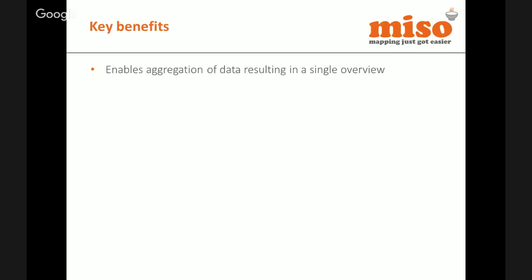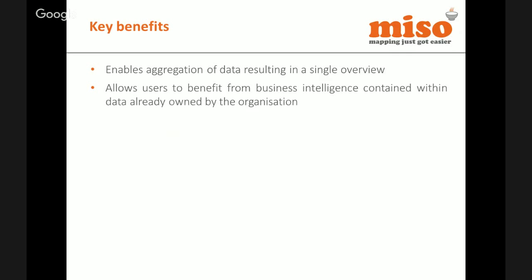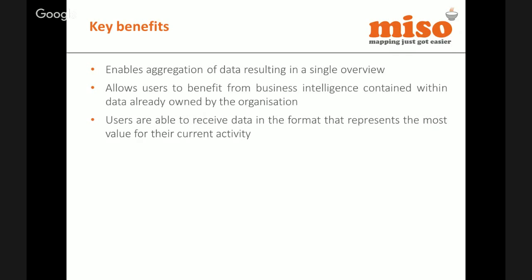The key benefits: enables aggregation of data. So again, as I said at the start, if you've got lots of source data, you make this one workspace to generate your report, then make it available for customers or colleagues. It means that they can benefit from those reports and not have to bother that team to get access, or have to trawl through their network, as in the second webinar, to find it. It's always up to date.